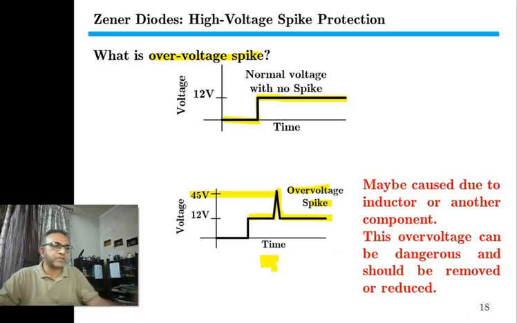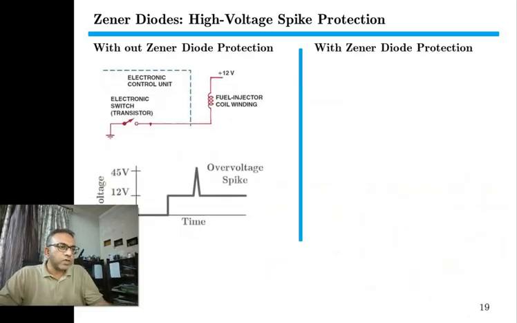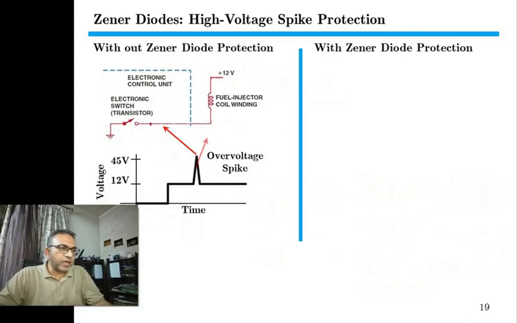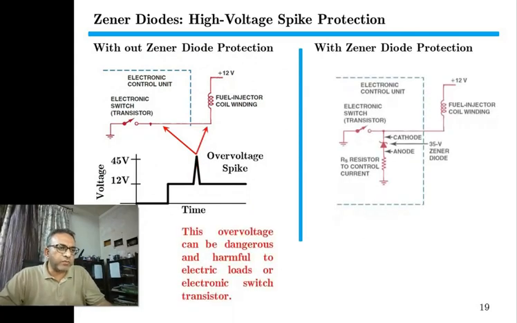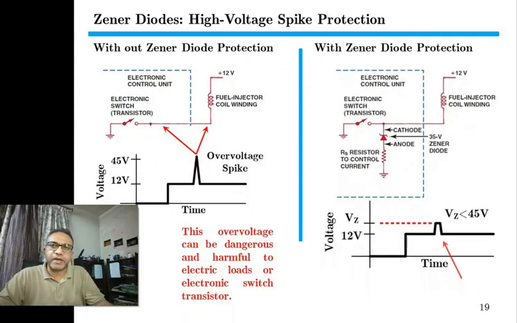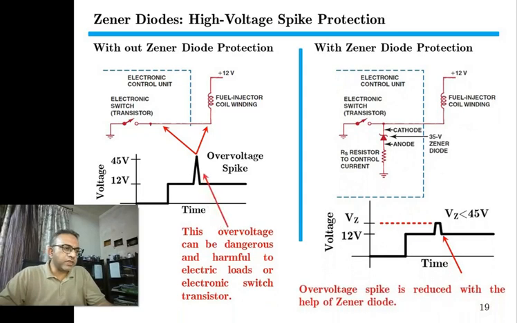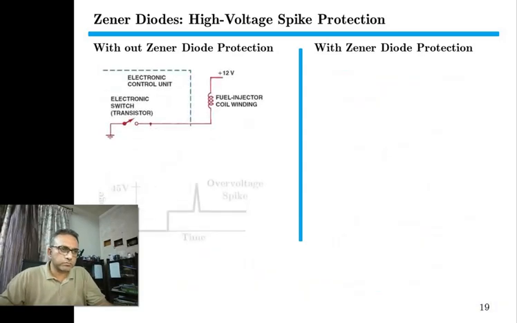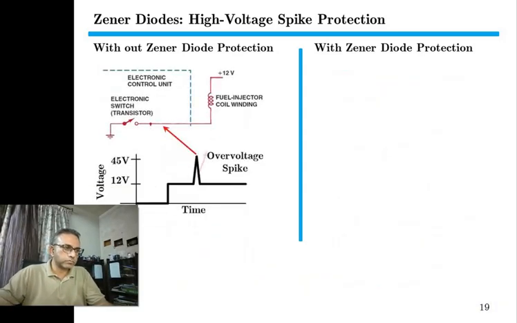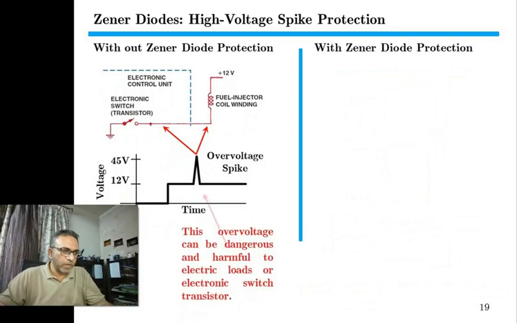Now we come to the next slide. In this slide we will perform a comparison without using a Zener diode and with using a Zener diode, and see what the output is. In the first case, let us look at the circuit diagram without a Zener diode.